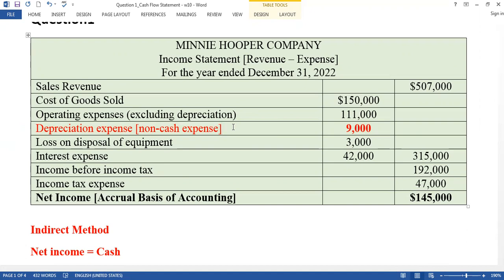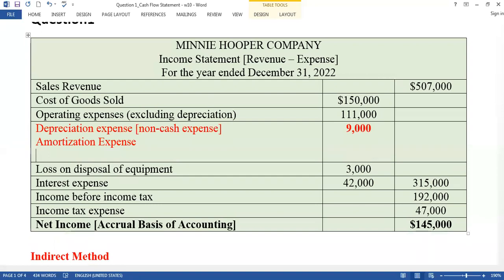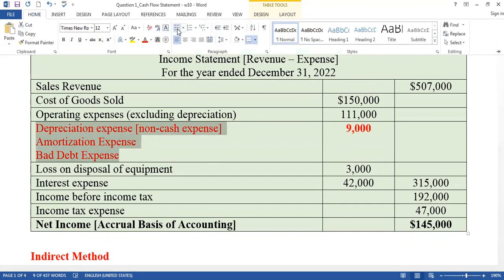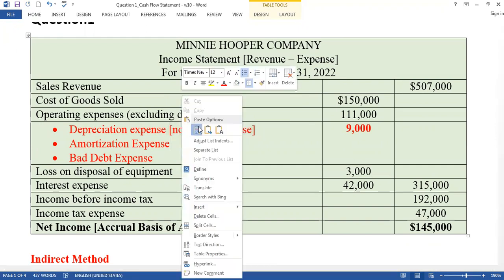So depreciation expense, then amortization expense, then bad debt expense, this kind of expenses are called non-cash expenses. Try to understand, they are the non-cash expenses.